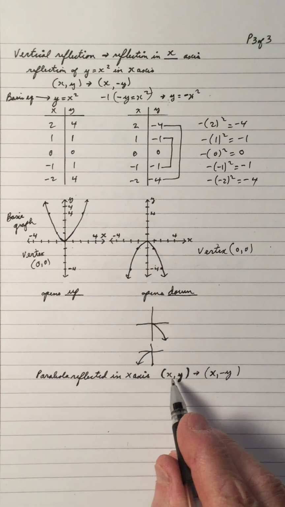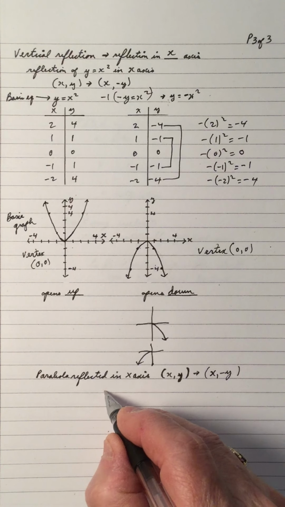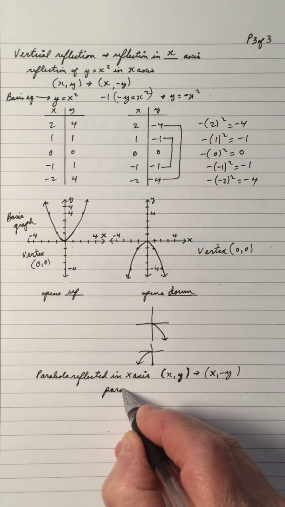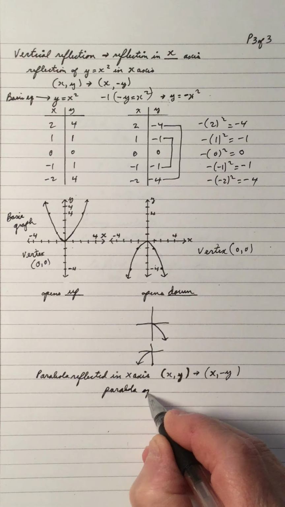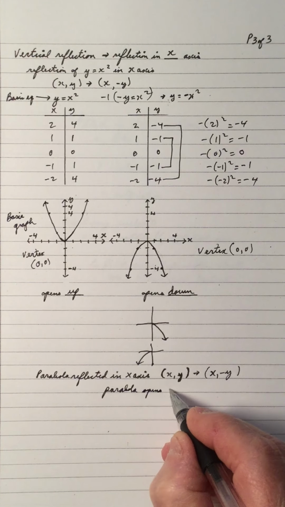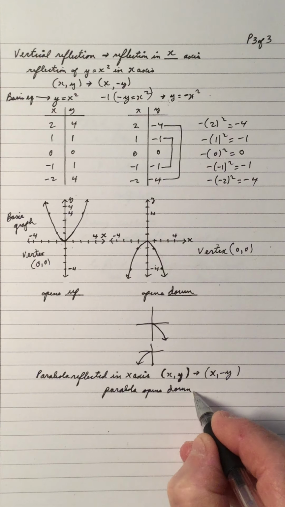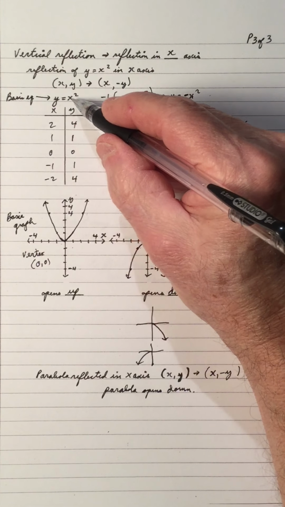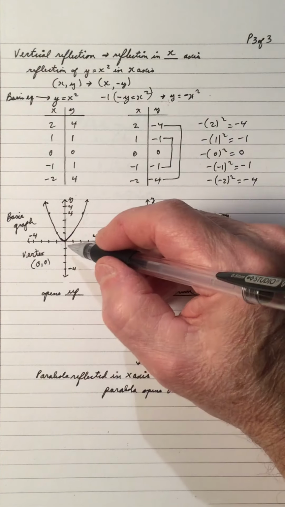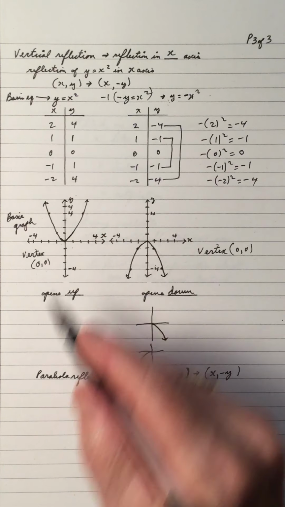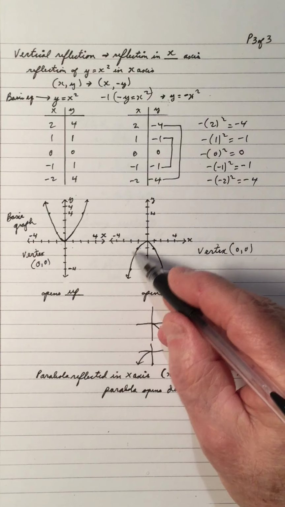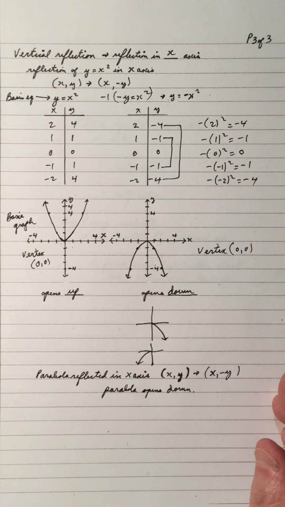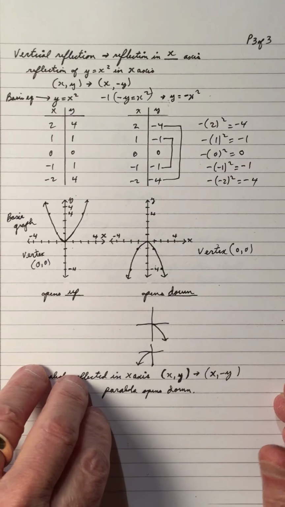So reflecting in the x-axis, the parabola opens down. Again, y equals x squared, positive, opens up. Whereas y equals negative x squared, it opens down. Notice the difference.